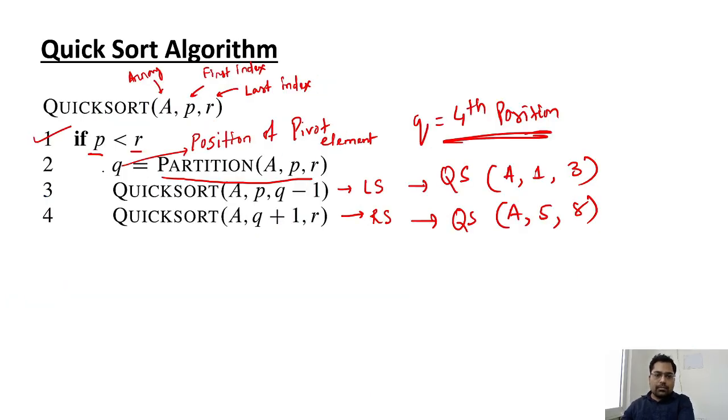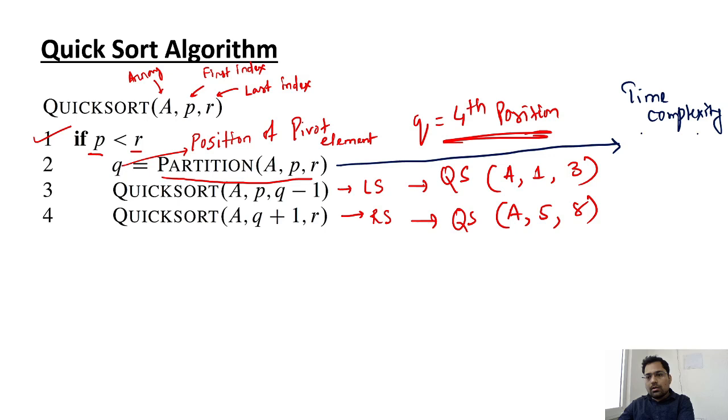Next, the q we found using big O of n. I'm writing here time complexity. So here we are getting big O of n. Why? Because we are finding the position. Next, through recursion we must write a recurrence relation.